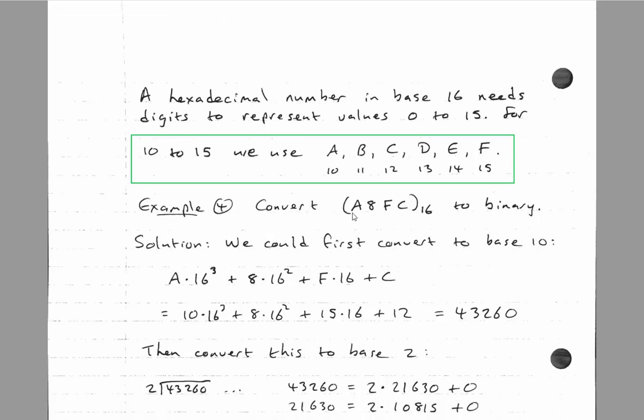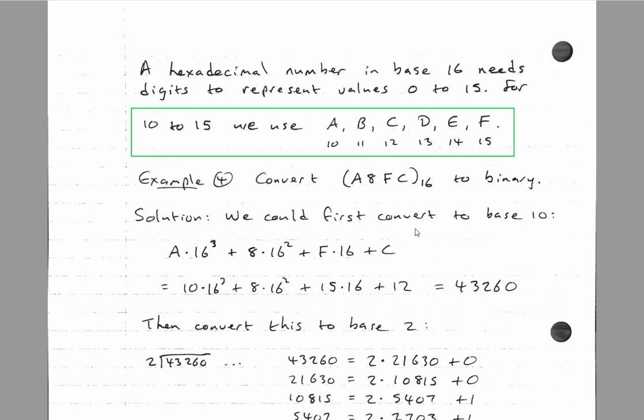Example 4, convert A8FC in base 16 to binary, base 2. Well, one way to do that is to convert this number to base 10 first. So we have C ones, that's 12 ones.